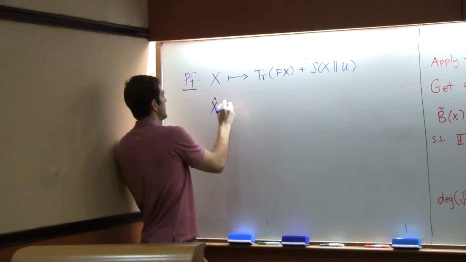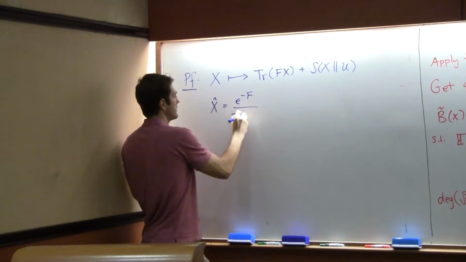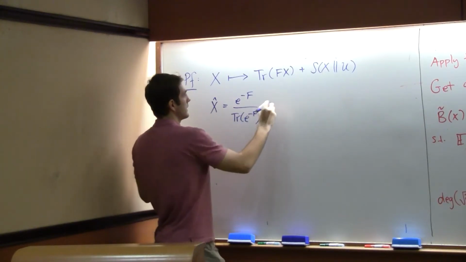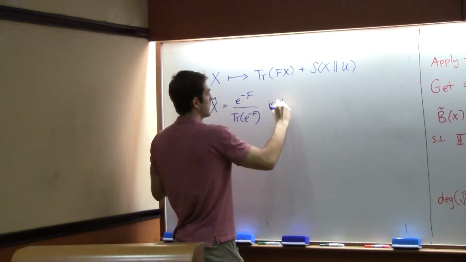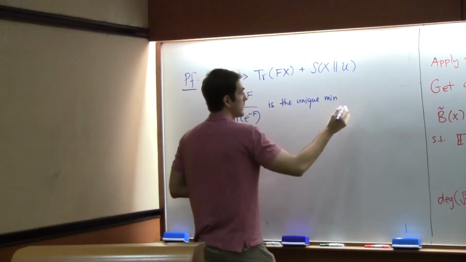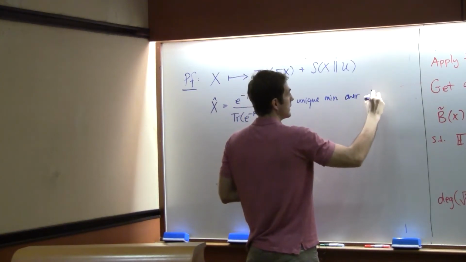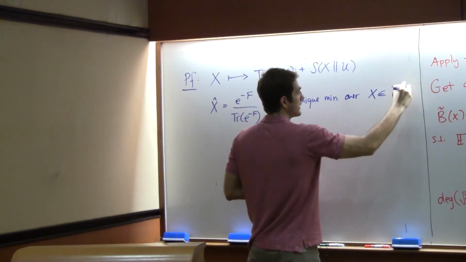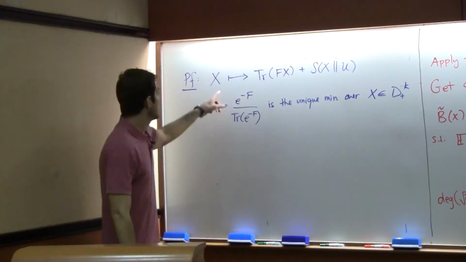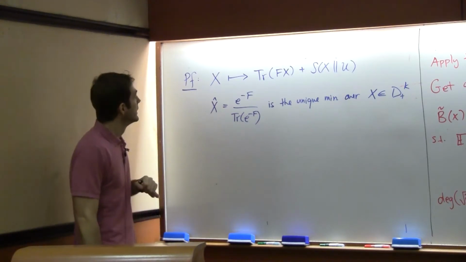Here's an assertion: x hat, which is e to the minus f divided by trace e to the minus f, is the unique minimizer of this thing over x which are density matrices. So I take this map, and I minimize it, and I claim that this is the answer.